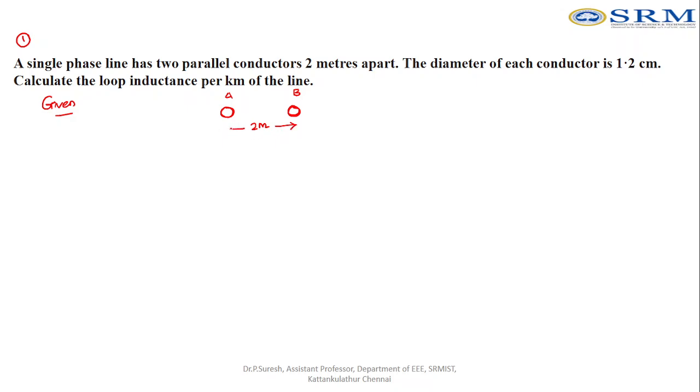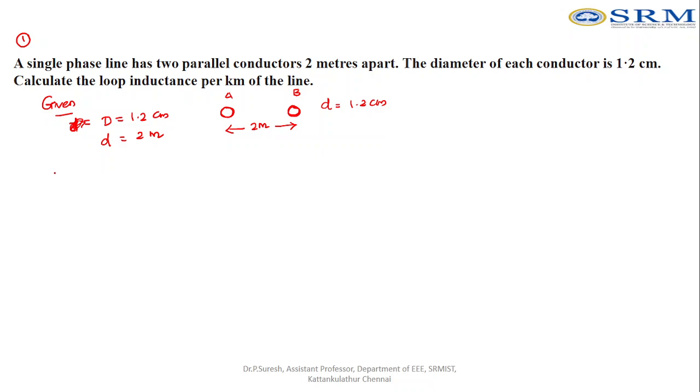The diameter of each conductor is 1.2 centimeter. So the diameter is given as 1.2 centimeter, and the distance is given as 2 meter. These are the two data given.